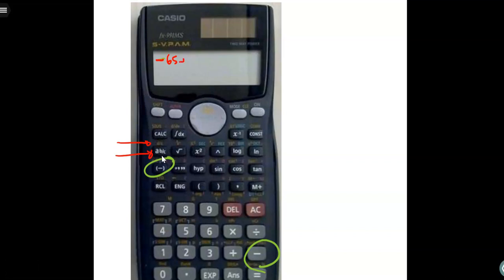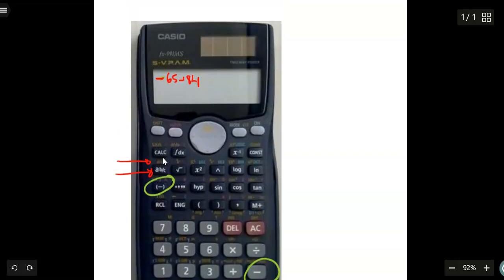Then I press 84. You might ask me, how come you don't put a bracket in here? It doesn't matter. This calculator will know that I am having a negative fraction.